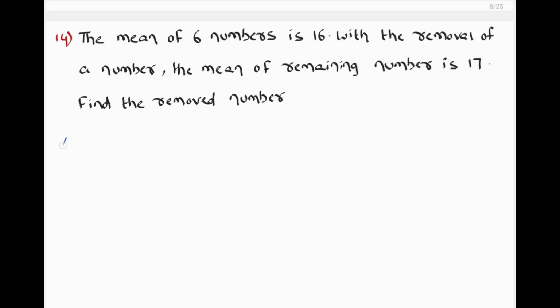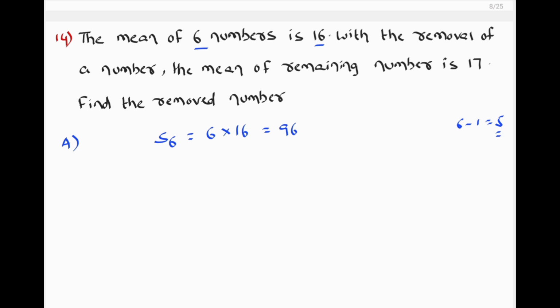So in the problem, the mean of 6 observations is 16. So what is the sum of the 6 observations? Mean into number of observations, 6 into 16, that is 96. With the removal of a number, one number is removed, therefore 6 will become only 5 numbers.